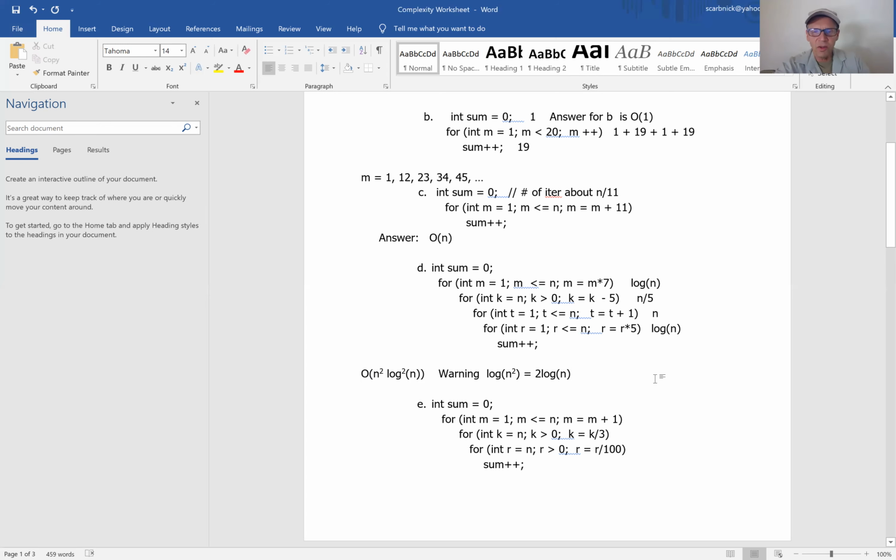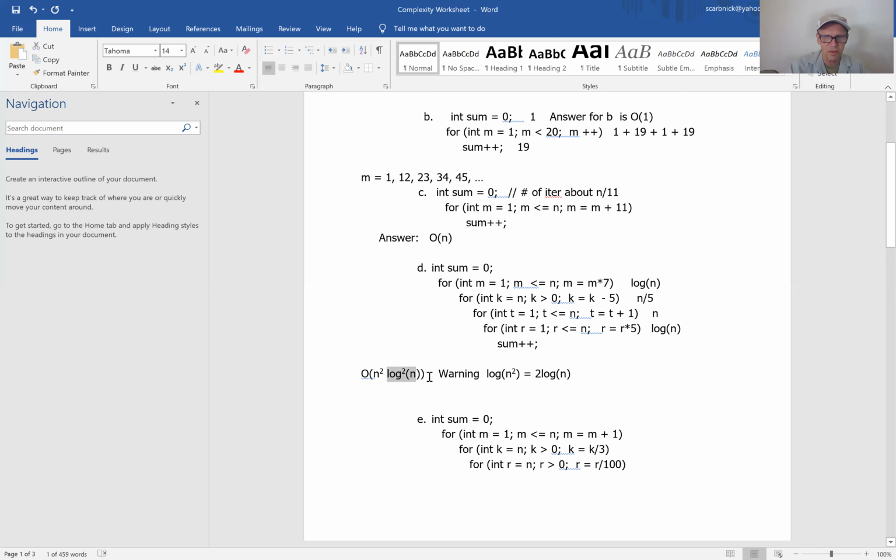Log turns exponentiation into multiplication, so in this expression, the exponent goes out front of the log. Mathematicians use that a lot to express this, and this is just log of n.